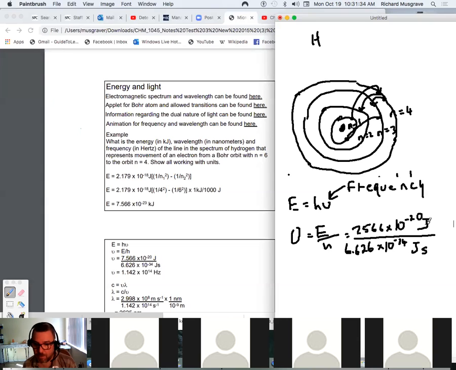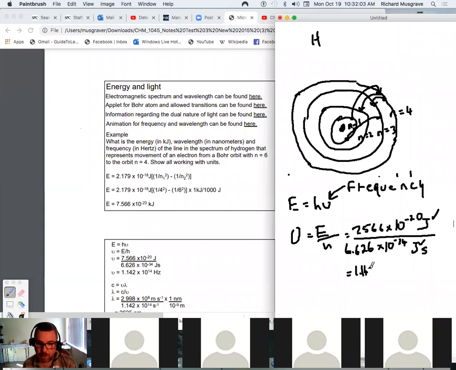So I know that these have to match. So joules have to match here. You'll notice that I came up with kilojoules here, but that's 10 to the negative 23 kilojoules. If I didn't convert to kilojoules by dividing by 1,000, I would have ended up with 6.566 times 10 to the negative 20 joules, but those have to match. And that comes out to 1.142.